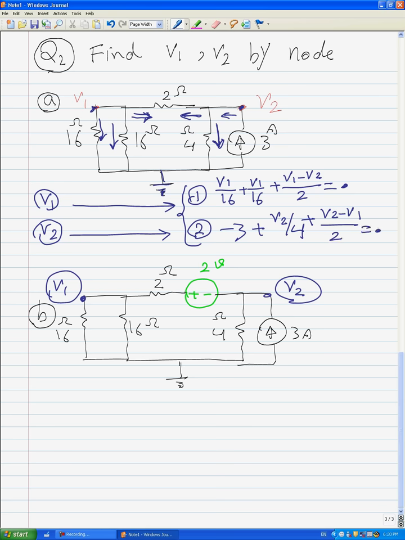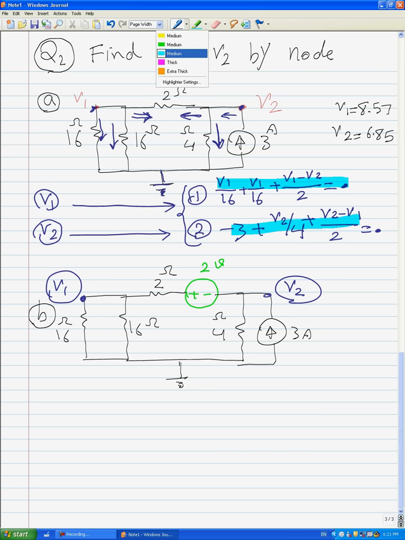We have two equations and two unknowns. After simplifying, which you know how to do for two or three equations, we can find out V1 and V2. V1 is equal to 8.57 and V2 is equal to 6.85.